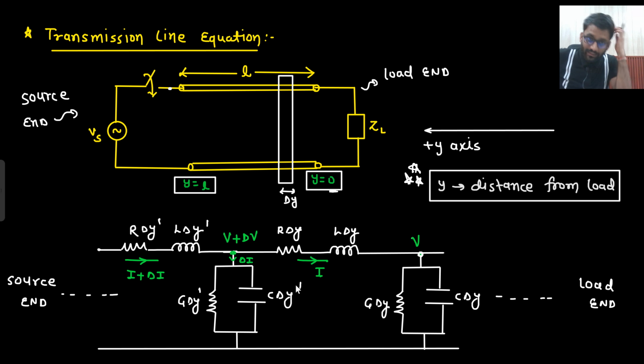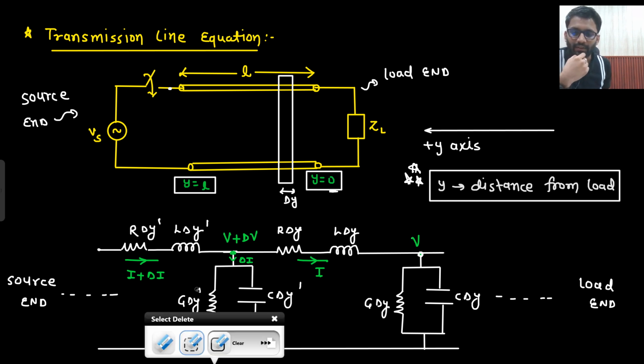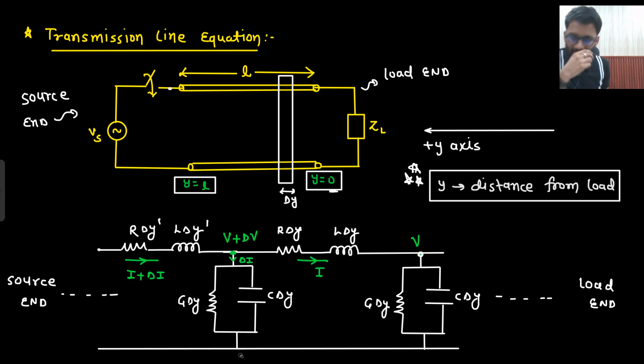So here delta Y dash is happening, right? I will call it delta Y only. What I have done here is that RLGC will be there on the complete transmission line.